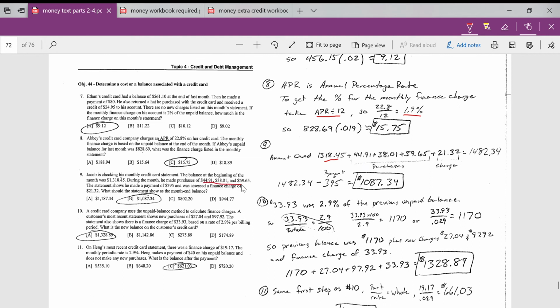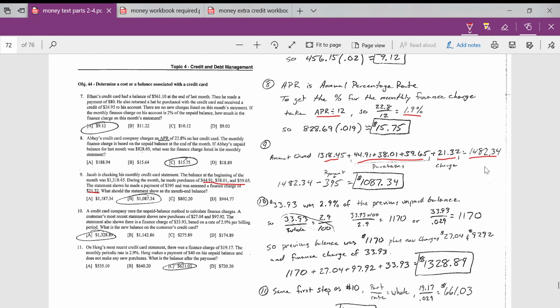Okay, right here are these. So that adds on to the amount he owes. The other thing that adds on to the amount he owes is the finance charge, which is right here. So we put all those together. That adds up to $1,482.34.